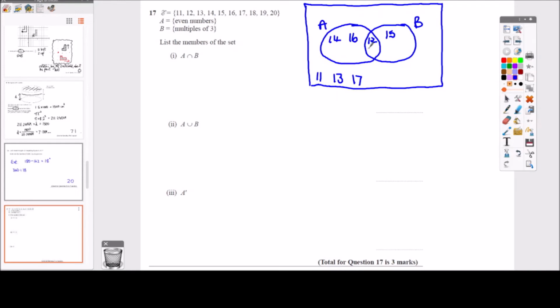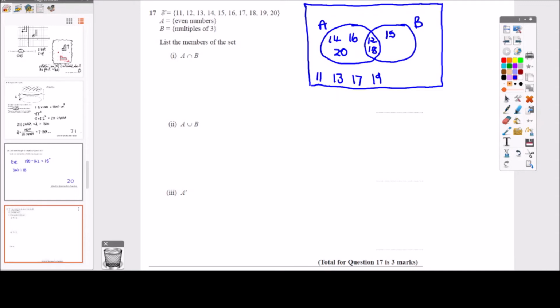It's even and a multiple of 3. 19 is neither. And 20 is just even. So I've placed all of the numbers in my universe into either A or B, or A and B, or neither. So back to part 1.